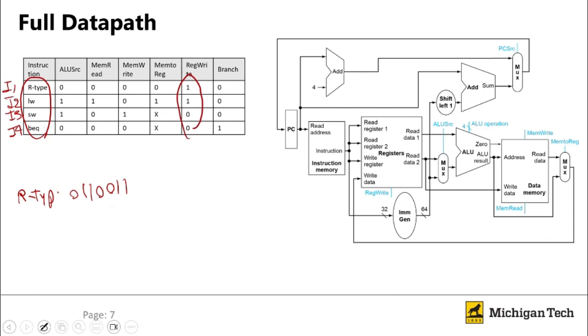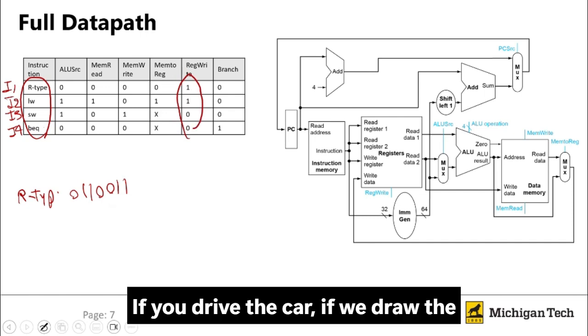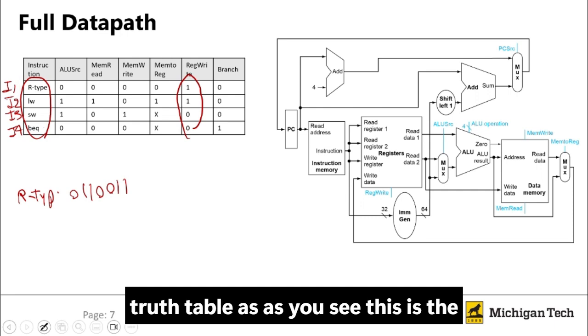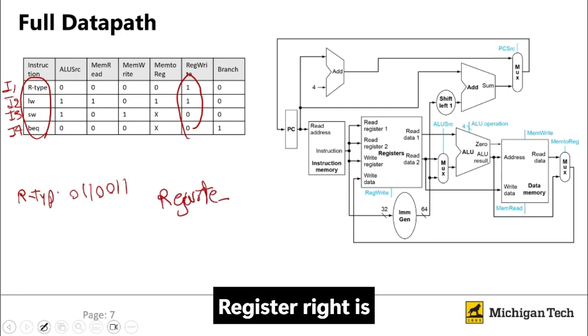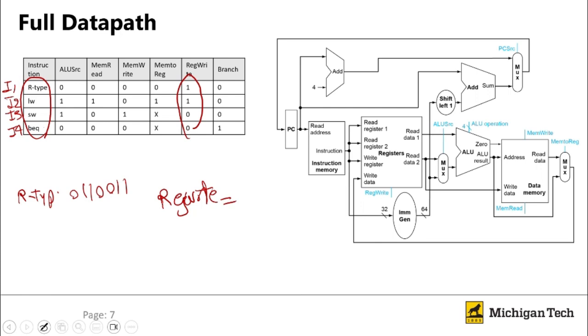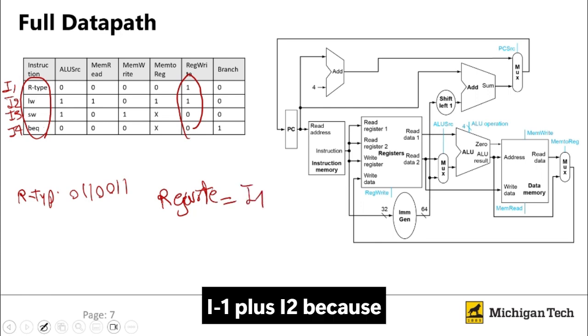So let's design register write. If we draw the truth table, as you see, this is the truth table. Register write is equal to I1 plus I2, because we have 2, 1 here.